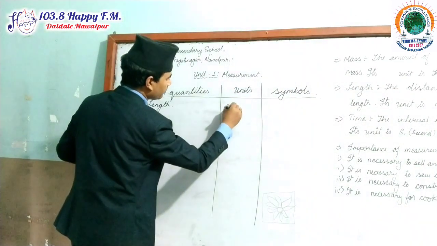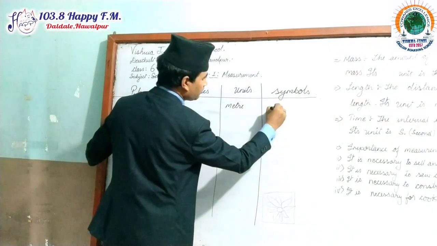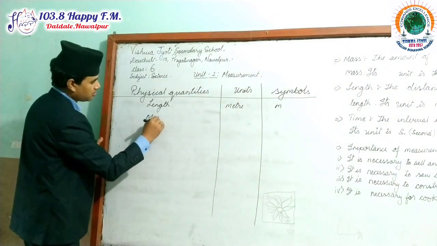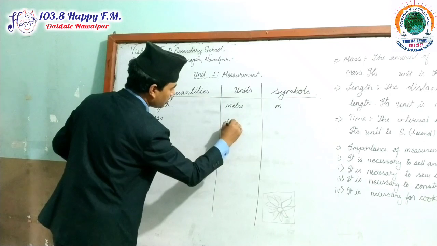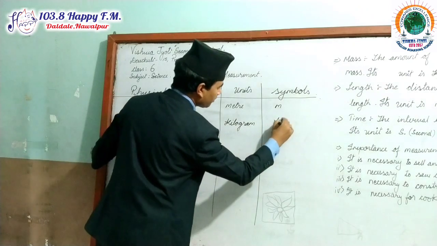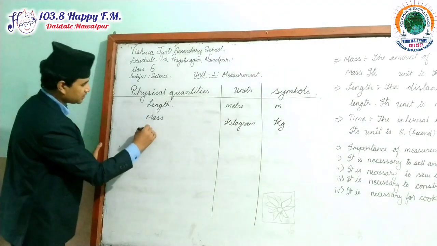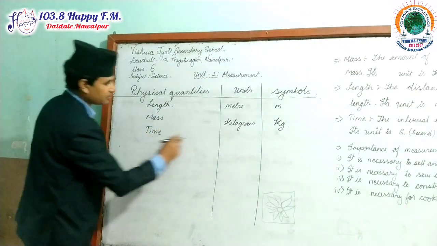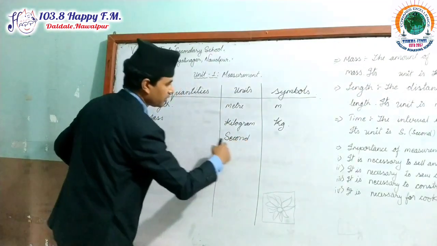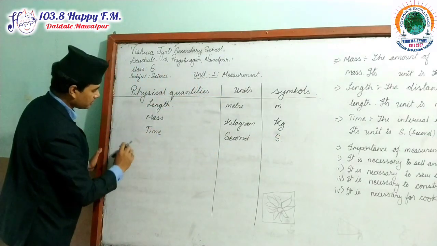Its unit will be meter, as I have already told in the definition, and its symbol is m. Mass: its unit is kilogram, and its symbol is kg. Time is also calculated in, its unit is second, and its symbol is only s, as I have already told you in the previous topic.